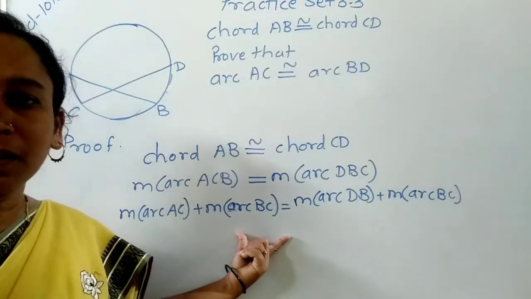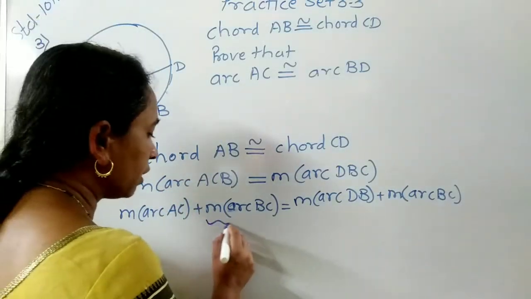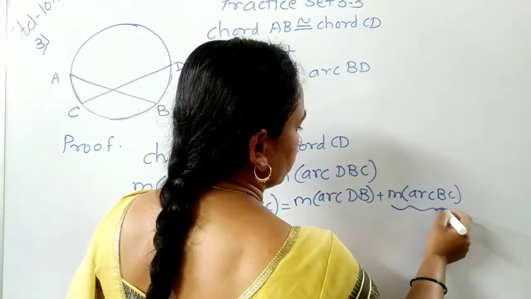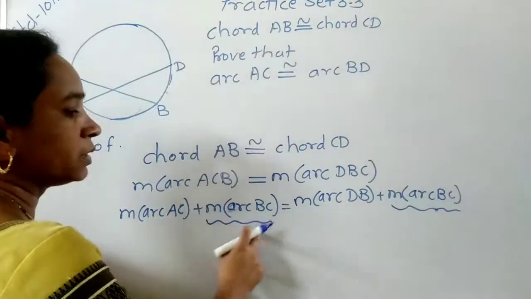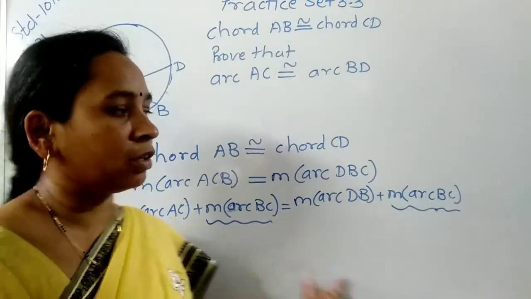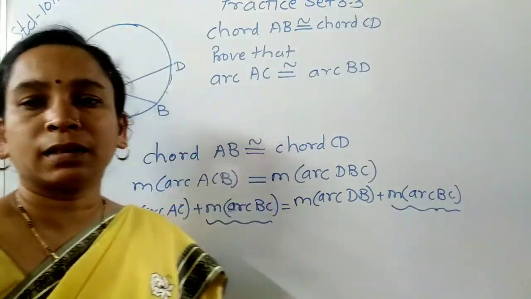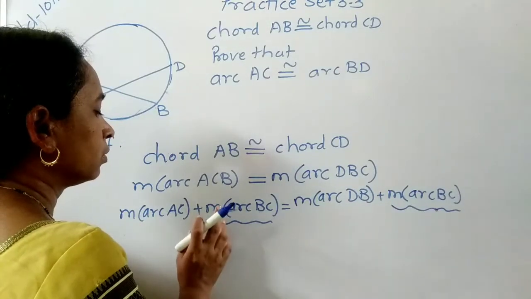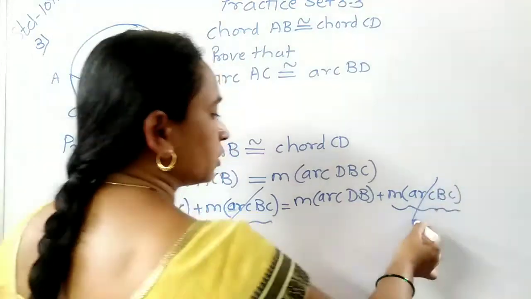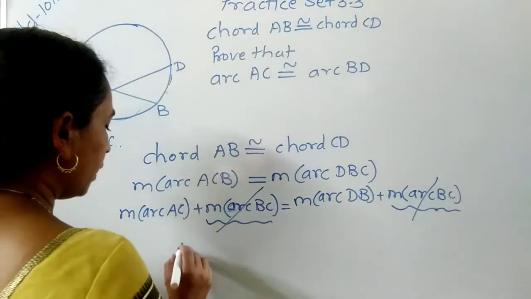See the statement. In this statement, this part is common on both sides: arc BC and arc BC. If you transfer this arc BC to the other side, they will cancel each other. Therefore, measure of arc BC is cancelled with this measure of arc BC. So what will be left here?